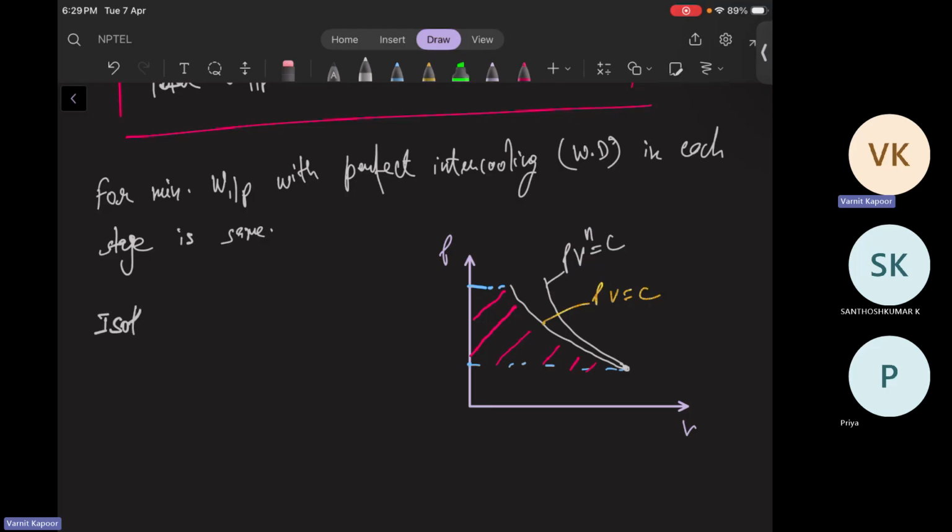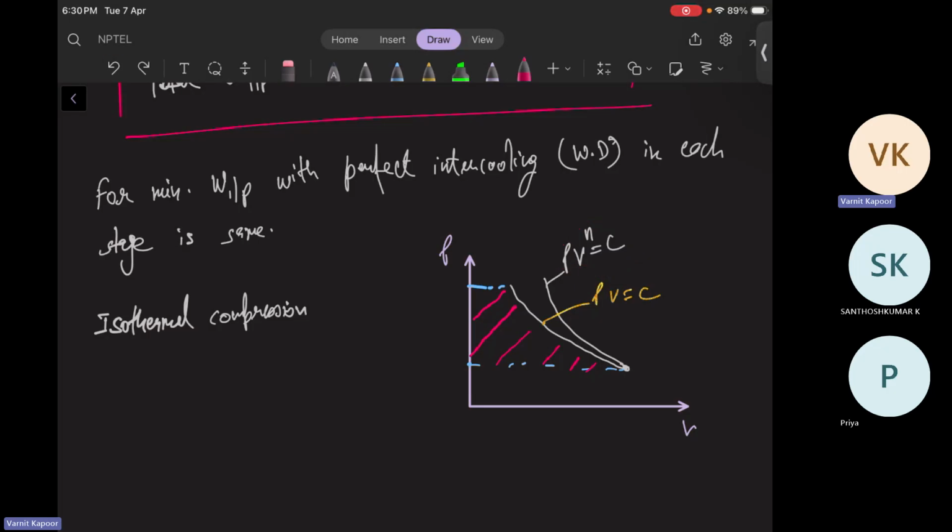Isothermal compression. You can get the slopes by differentiating on the left and right hand side with respect to P and V, because both are variable, and you will get the slope.